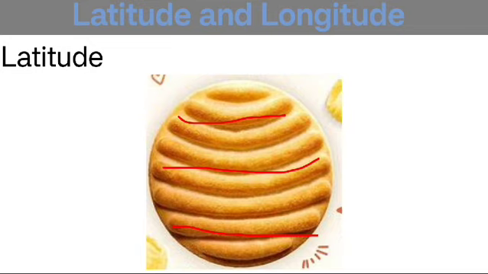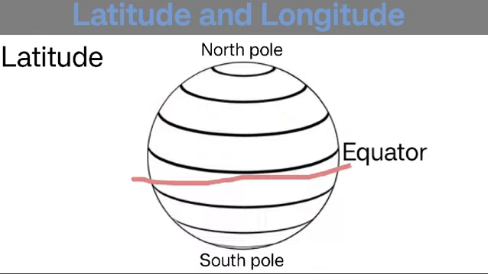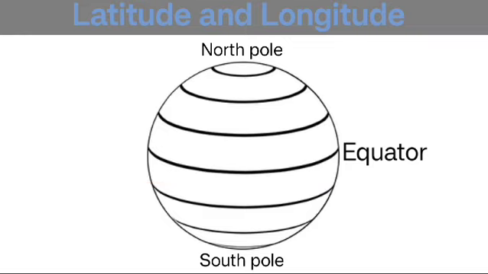And these lines are latitude. And the one which is in the middle of all the lines is called the equator. From the equator we can see how far the north and south is. So, what is latitude? Latitudes are imaginary lines which run from west to east.